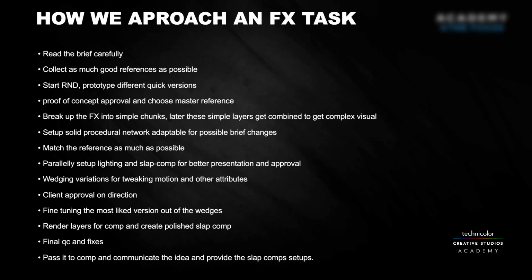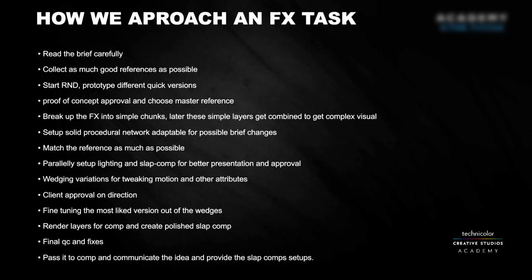In that stage, we really do fast versions, and then send a lot of versions to the director so they can choose one of them. After that, they will try to lock one proof of concept. They can pick one of our prototypes, and then they will start giving corrections on that, and we will fine tune it.